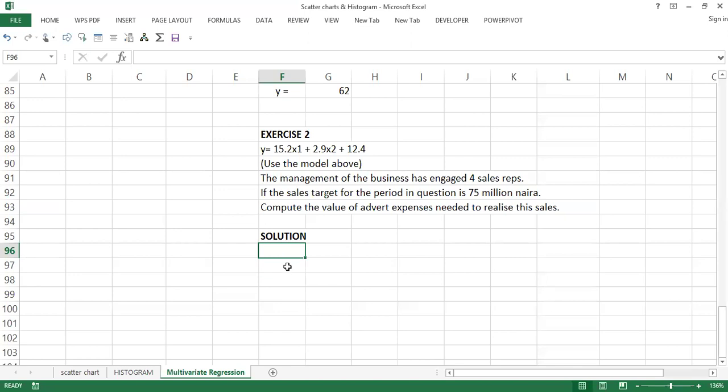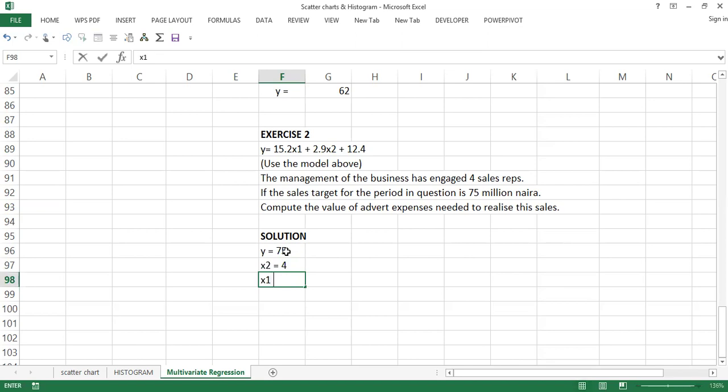So let's look at the solution to this. In this case, Y is known: 75. X2 is known, which is 4, isn't it?